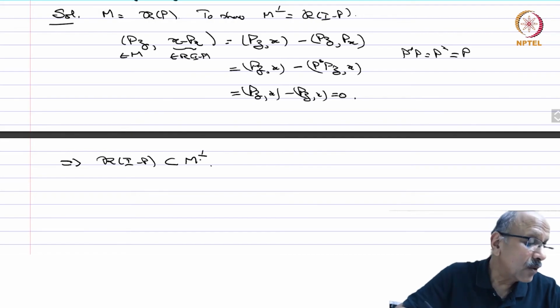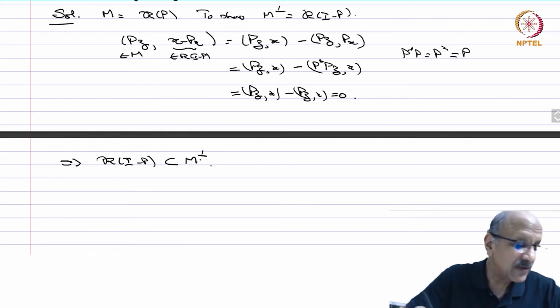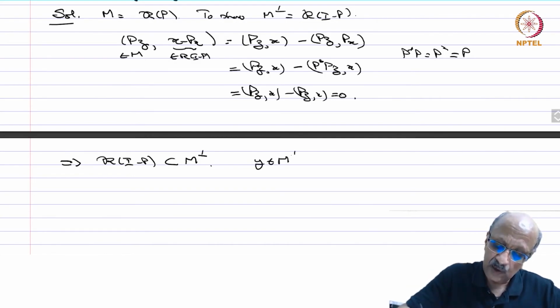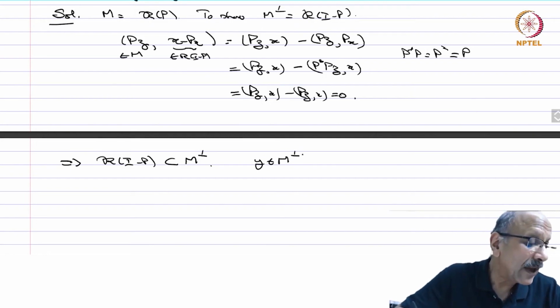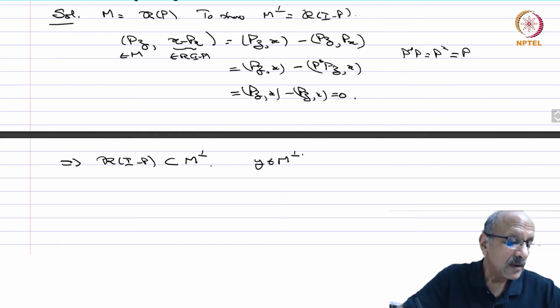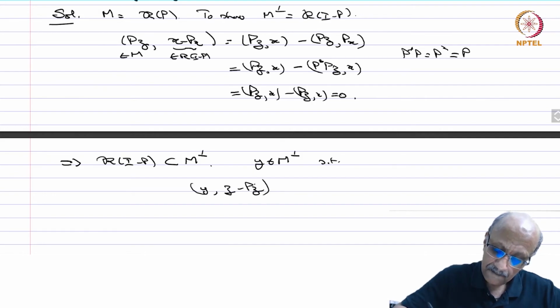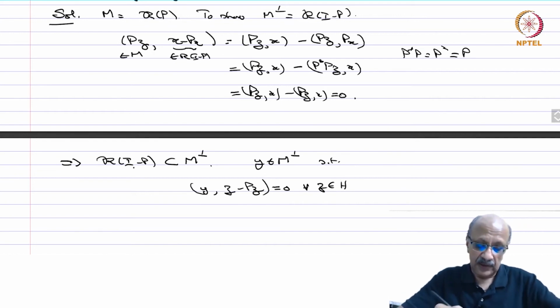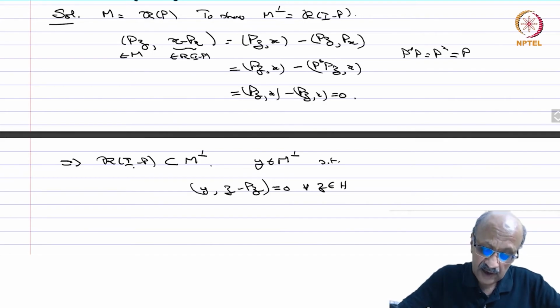Okay. So now you can complete the proof in many ways. Let me do one of them. We have to show that it's equal. So let me take the Hahn-Banach method. Let y belong to M perp such that <y, z minus Pz> equals 0 for all z in H. That means it vanishes on range of I minus P. Then I want to show that it vanishes everywhere.